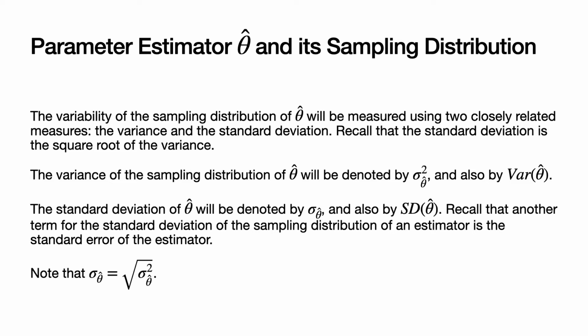Just keep in mind that those terms mean the same thing. And then finally, note that sigma sub theta hat, which is the standard deviation of the sampling distribution of theta hat, is equal to the square root of sigma squared sub theta hat, which is the variance of theta hat.